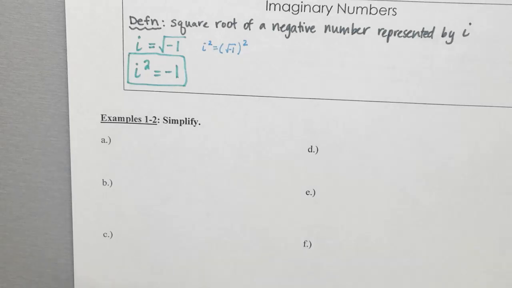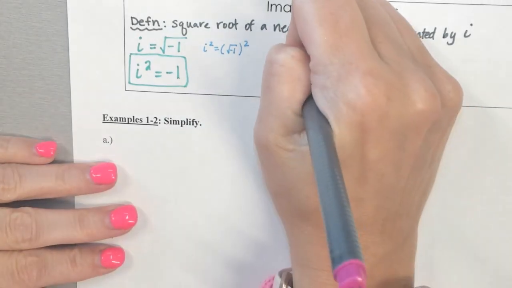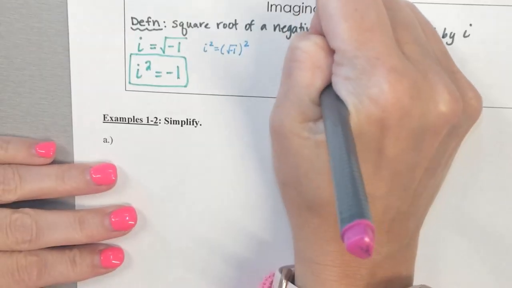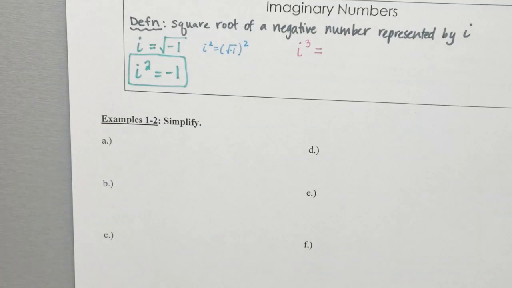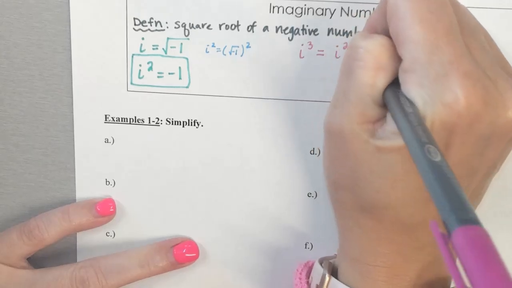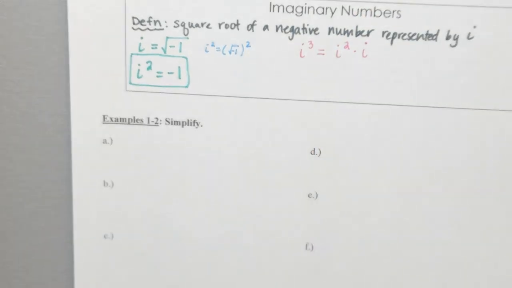Now we can also extend that to other powers of i. So if you had i to the third power, think of your properties of exponents. If you have i to the third, you can rewrite that as i squared times i.